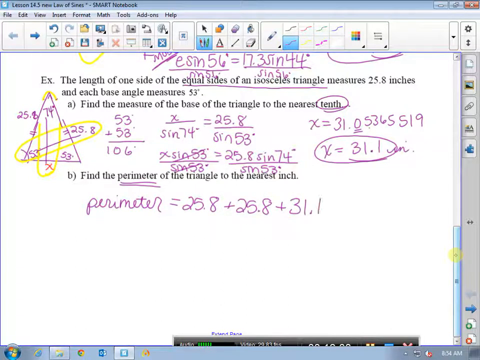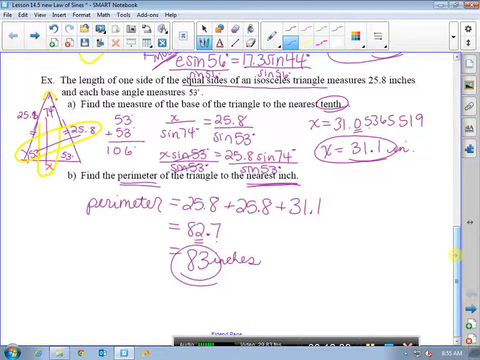Pretty easy problem, but just to have you thinking about all the different things they could ask you. 25.8 plus 25.8 plus 31.1 gives us 82.7. I'd be happy with that, but the directions say to the nearest inch. So the 7 brings it up to 83. Perimeter of this triangle is 83 inches.